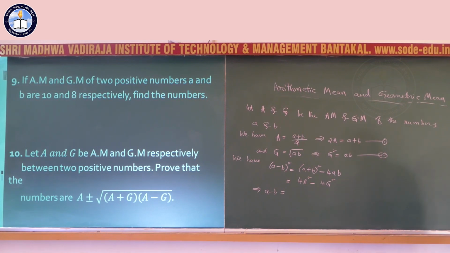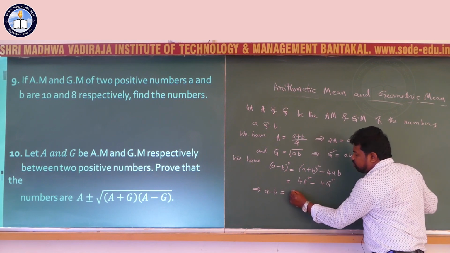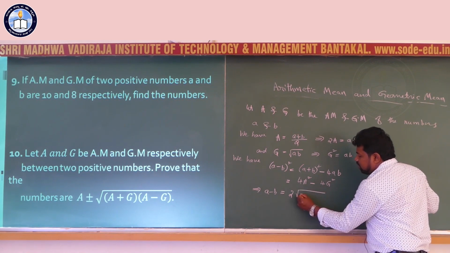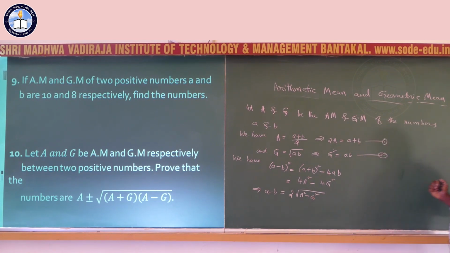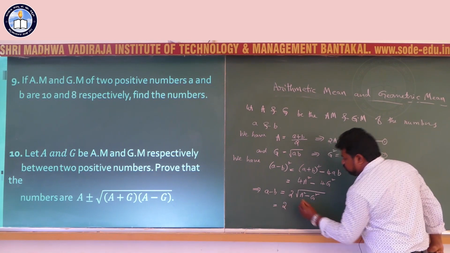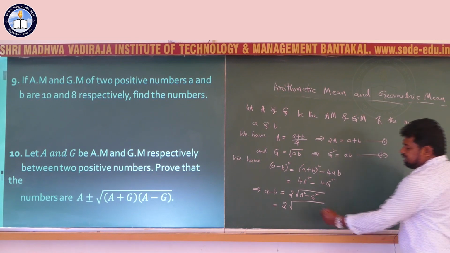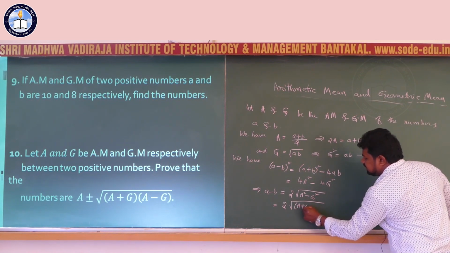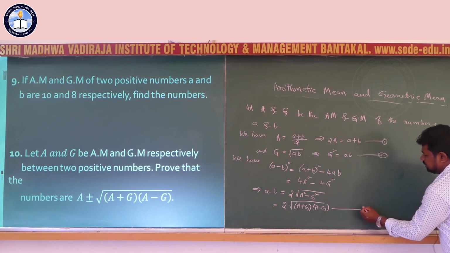I take square root both sides. a minus b equal to 4 common here, square root of 4, 2 into square root of A square minus G square. It implies 2 into square root of A square minus G square can be written as A plus G into A minus G. Call it equation 3.